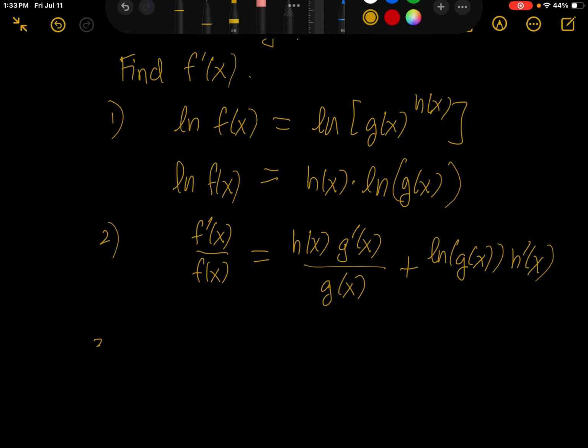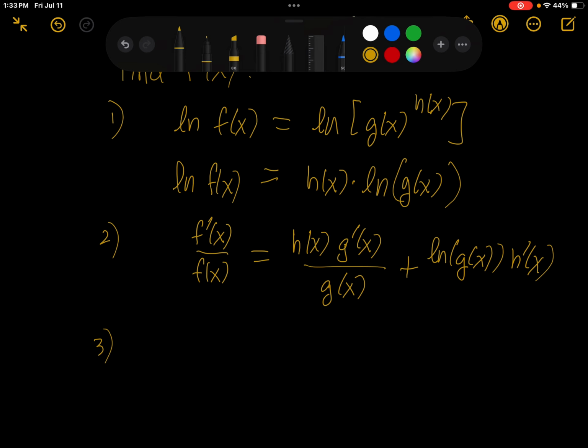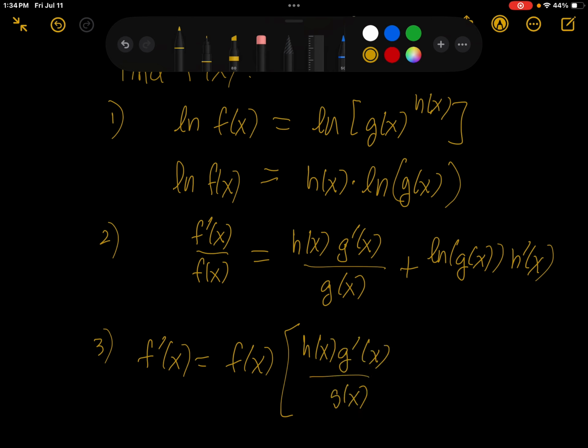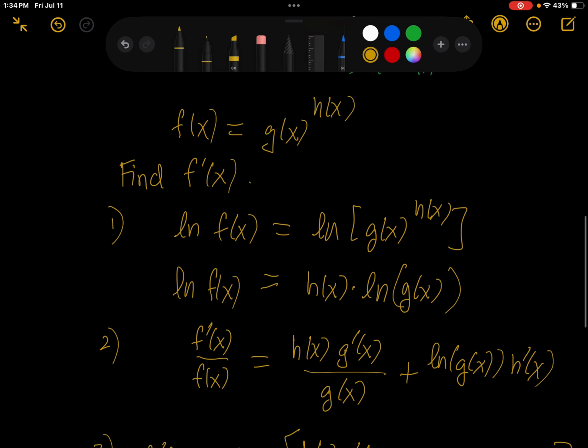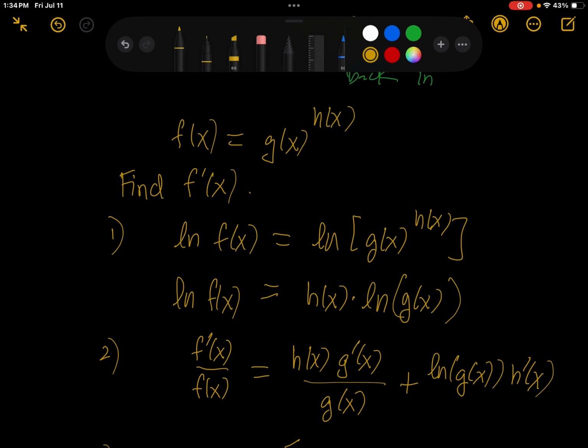And so now you multiply both sides by f of x, so you get f prime of x equals f of x times [h of x g prime of x over g of x plus the natural log of g of x times h prime of x]. I wouldn't memorize this formula. I don't think that's a good idea. But I'm just trying to explain the general outline.